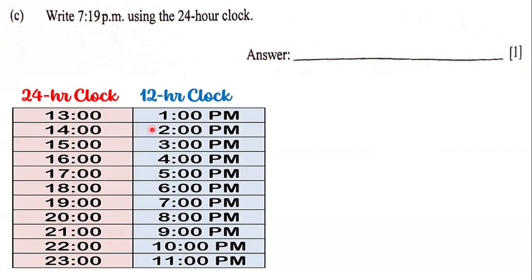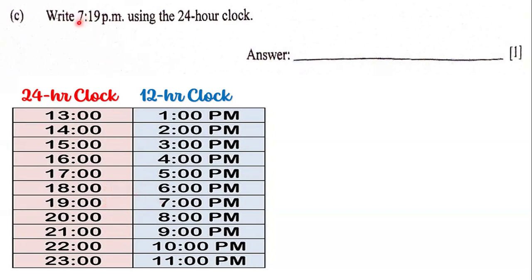And 15 o'clock in the 24-hour clock is 3 p.m. in the 12-hour clock, and 16 o'clock in the 24-hour clock is 4 p.m. in the 12-hour clock, and 17 o'clock is 5 p.m. on the 12-hour clock, and 18 o'clock is 6 p.m. on the 12-hour clock, and 19 o'clock is 7 p.m. on the 12-hour clock.